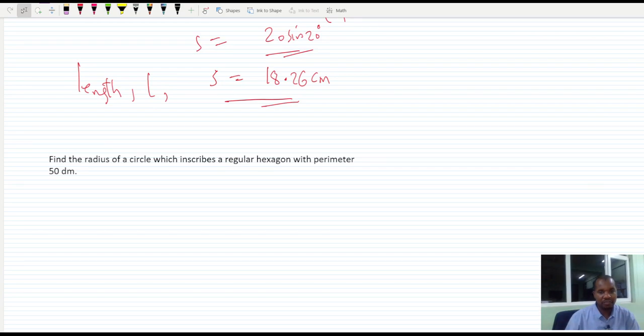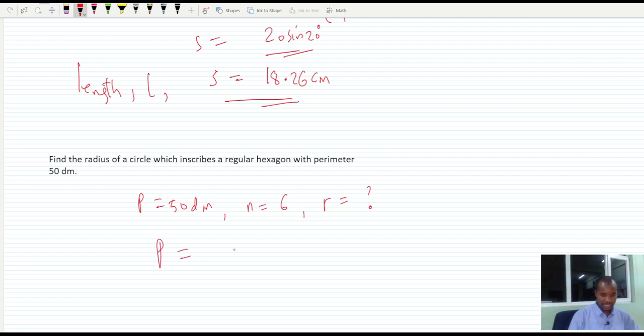Hexagon, I think you know, the number of sides of a regular hexagon is 6. So with this question, we were given perimeter equals 50 decimeter and number of sides equals 6. We are looking for radius equals how much?